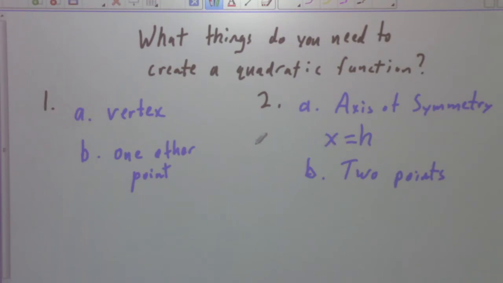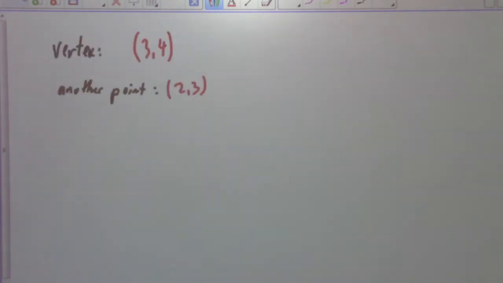So now I'm going to segue into a concrete example of case 1. Here's the example we're going to use: this point for a vertex and this other point, (2, 3).